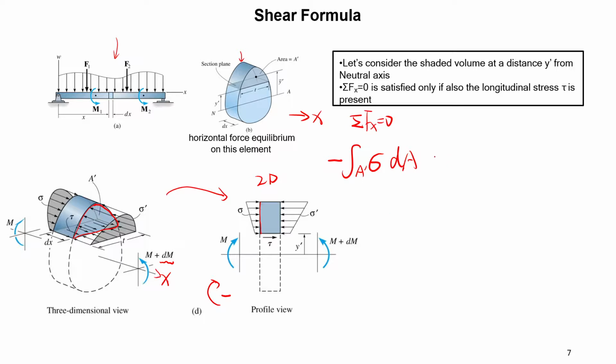On the right hand side, there's another contribution. Left and right have the same amount of area, so again A prime, and the stress now is different, sigma prime dA. And you also have the shear stress times the cross-section area. You need to consider the thickness, the depth across the plane, so that's t.